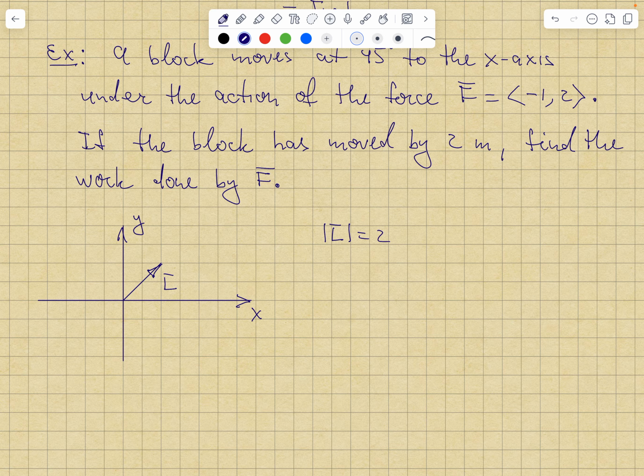And because L points at 45 degrees, then L is in the same direction as a unit vector with components cosine 45 degrees, sine of 45 degrees, or square root of 2 over 2, square root of 2 over 2.